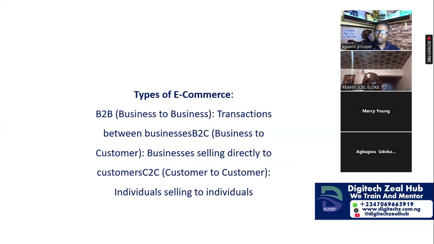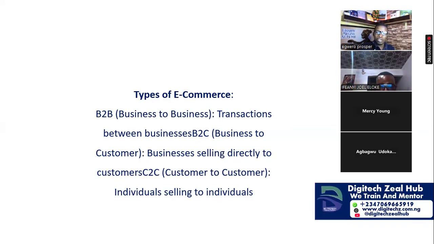So let's quickly look at some of the types of e-commerce websites. So what I'm doing right now is to give us a background of what type of websites we subscribe to develop. So at the end of the day, we should be able to create a functional website where people can buy products online without visiting your physical shop. So we should be able to learn how to activate payment gateway.